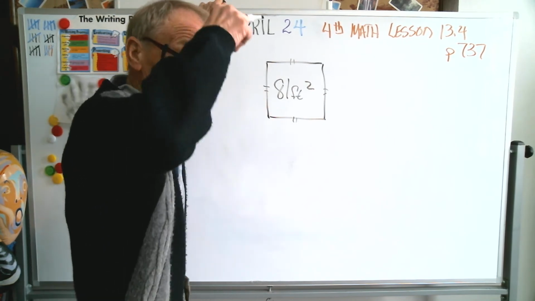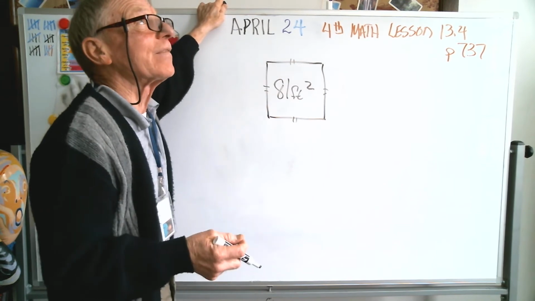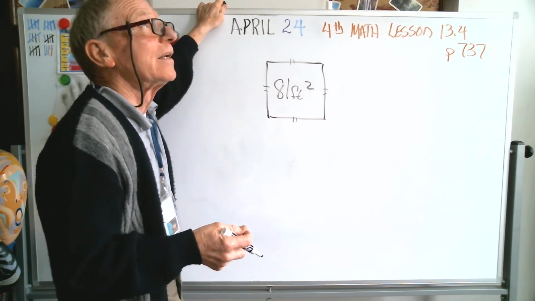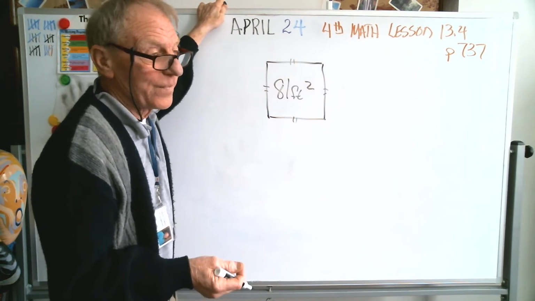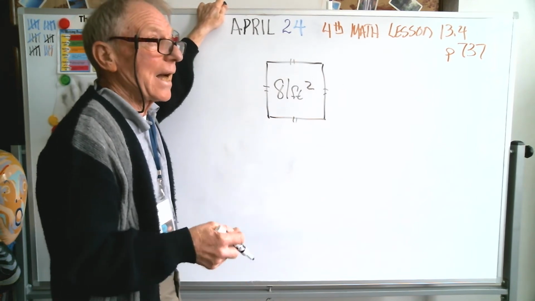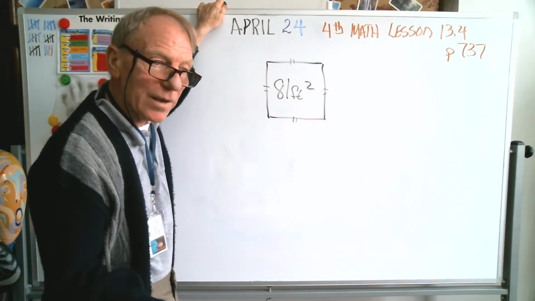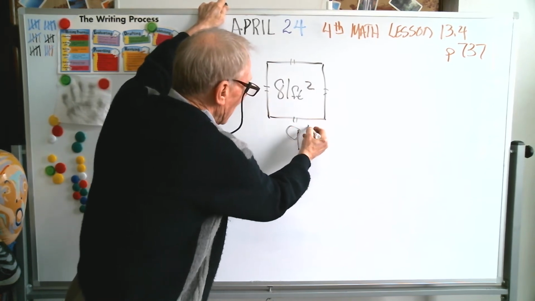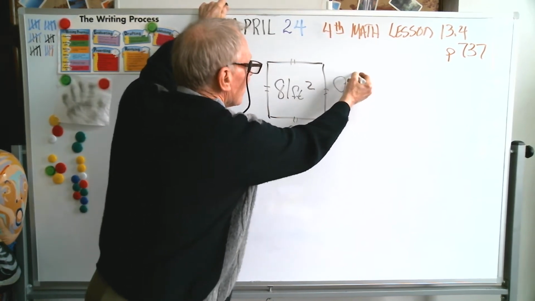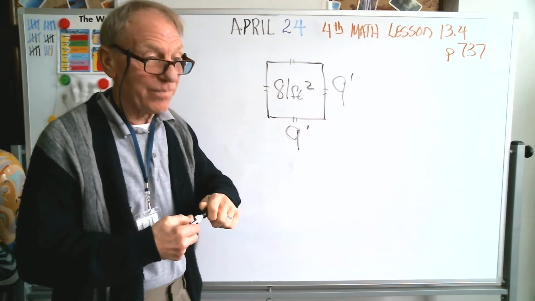Well, you can experiment and you can go 7 times 8. No, that 7 times 7 is 49. That don't work. 8 times 8 is 64. That don't work. 9 times 9 is 81. So you have figured out that this square is going to be 9 feet on each side.